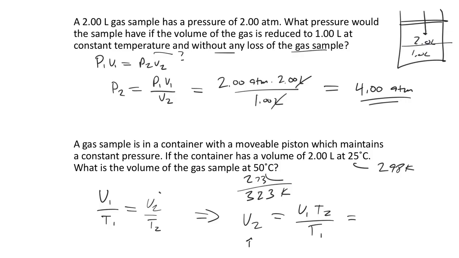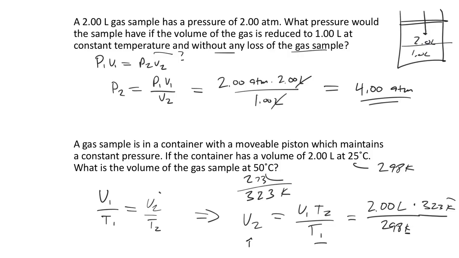Hopefully if we make a mistake, we'll catch it, but we take our 2 liters initially, and then T1 was the 298 Kelvin, so T1's in the denominator, and then we're multiplying by T2, 323 Kelvin. Again, the key is we just had to know to go to the Kelvin scale here whenever we're dealing with problems in chapter 10.